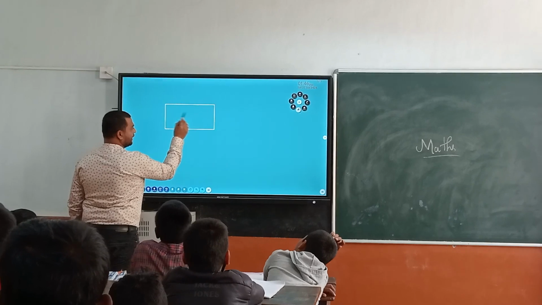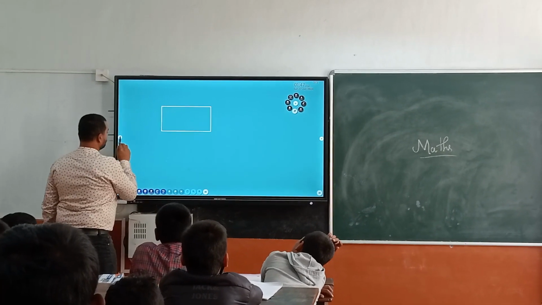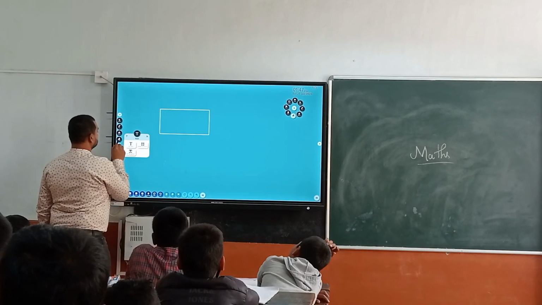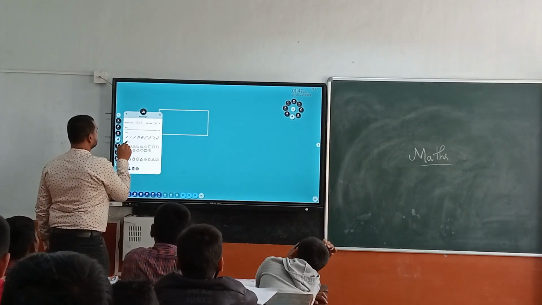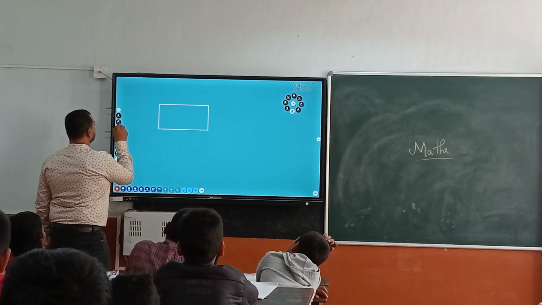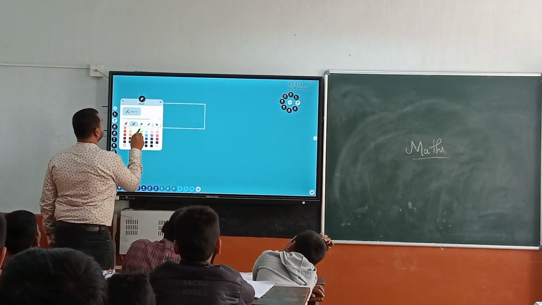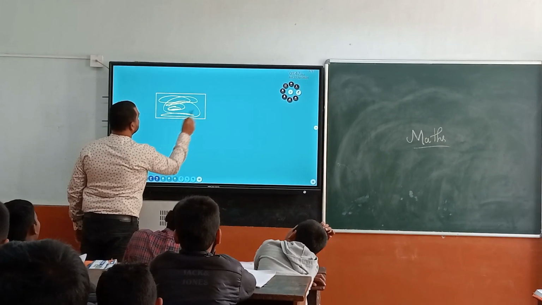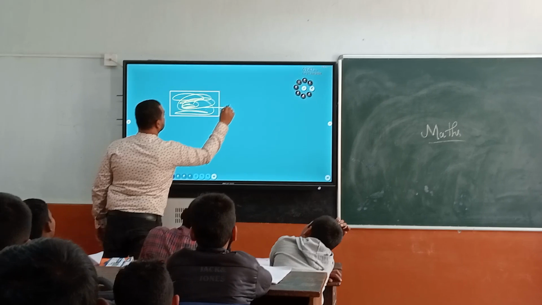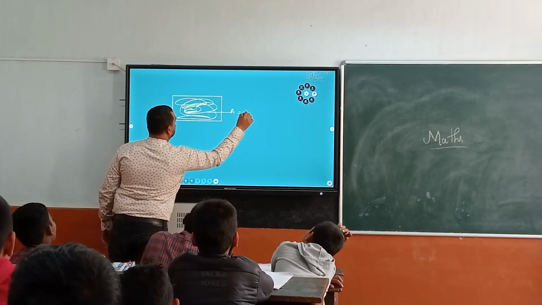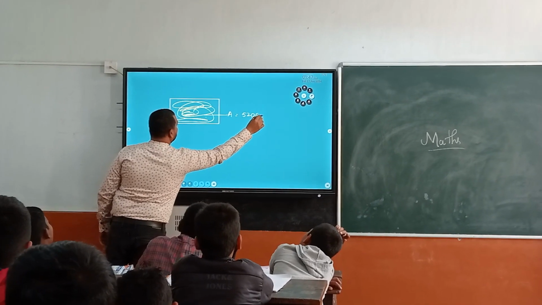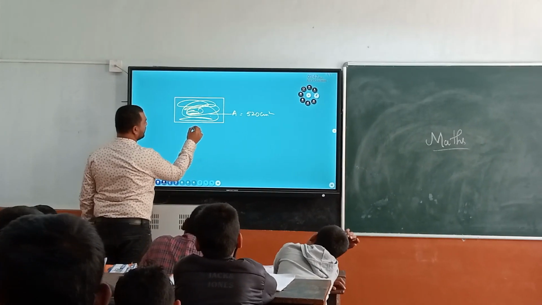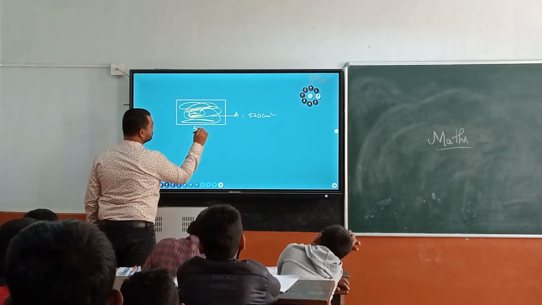So this is the rectangle area which is occupied here, and this area is given as 520 centimeter square, and the length of the rectangle is given as 52.